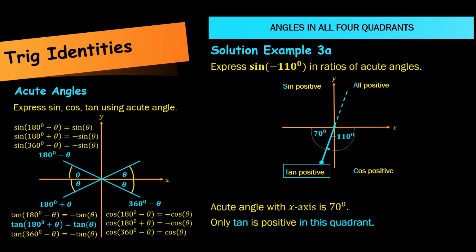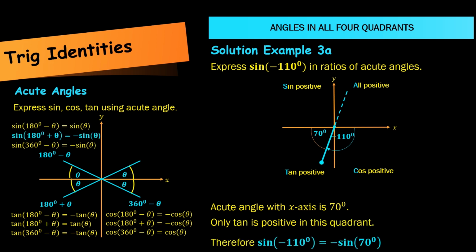Now in this quadrant, only tan is positive, as you can see. And therefore sine of minus 110 degrees equals minus sine theta, or in our example, minus sine 70 degrees.